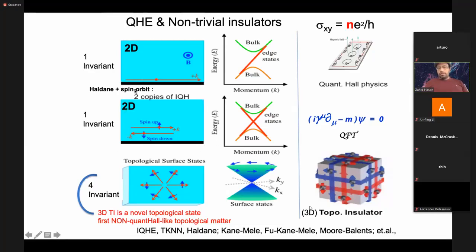It turns out the spin orbit term, which is relativistic, like a velocity dependent field, allows you to do that. So the spin orbit term plays the role of field up, field down. Then you can think of it as two copies of the integer quantum Hall state.